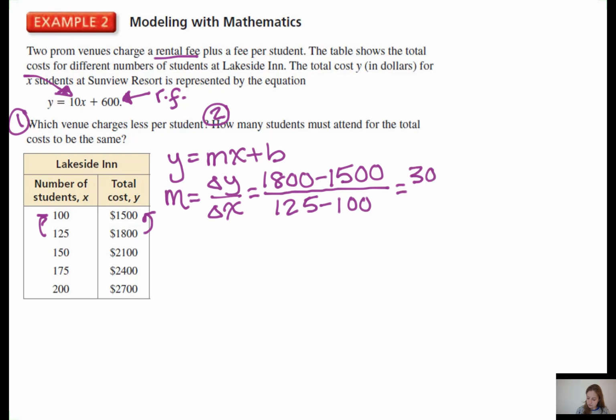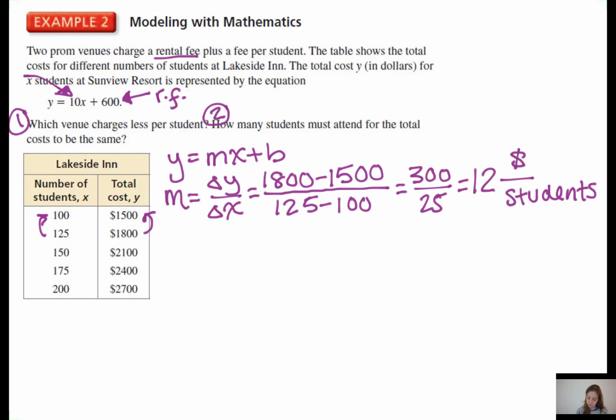This is 300 over 25, which is 12. Let me put the units here. The y value is the cost, so in dollars, and the x value is the number of students. So it is $12 per student.